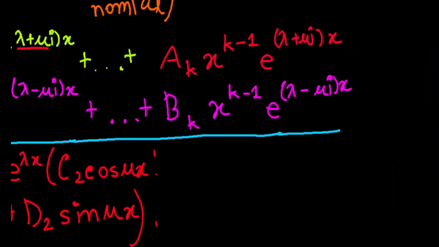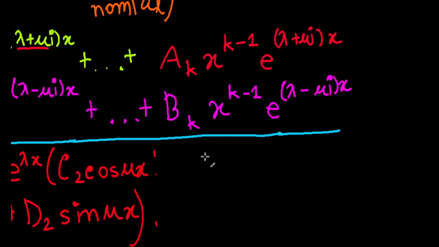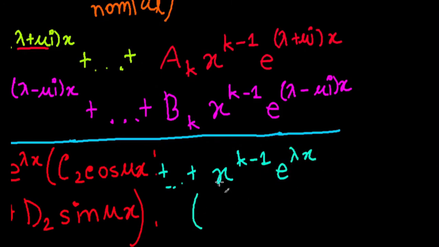Anyway, this is going to continue all the way up to this last term. For the last term, again you're going to factor out the x term, then you have e to the power lambda x, and then you have some constant, we call that c.